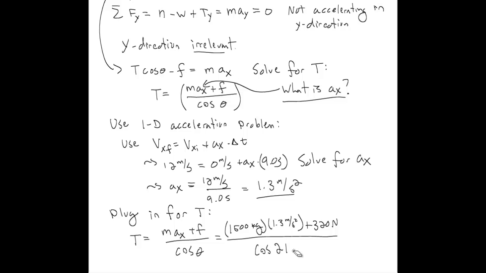There we go. And at the end of the day, to two significant figures, we get that the tension in the cable is around 2,400 newtons. And that seems reasonable. It's a fairly large amount to pull a fairly large car and to make it accelerate at around 1 meter per second squared.